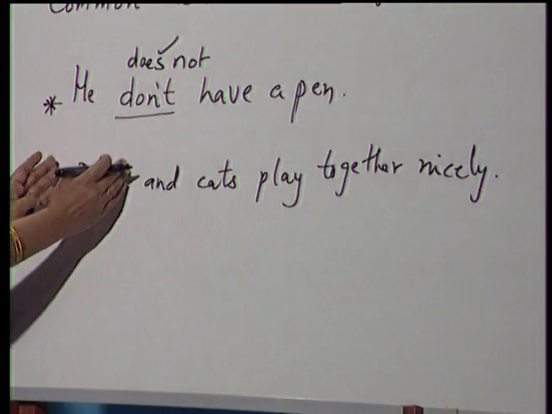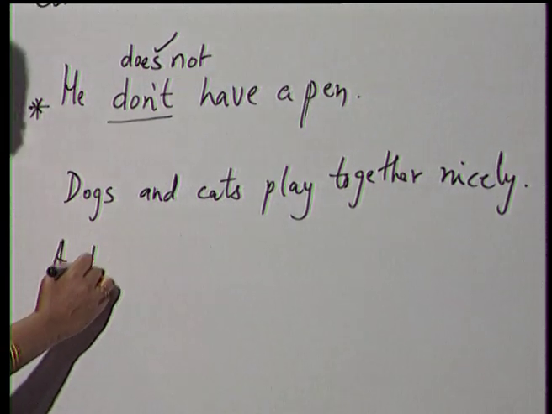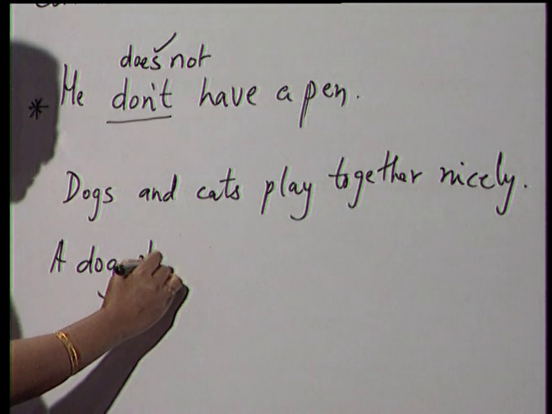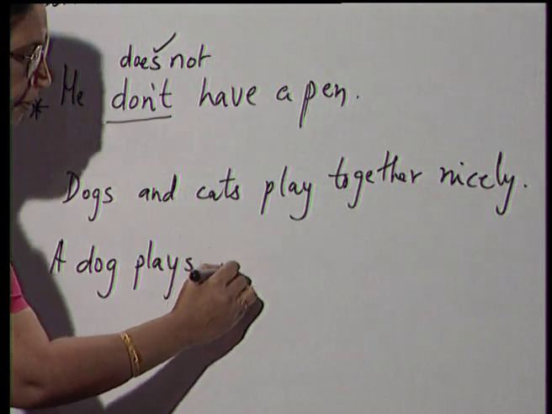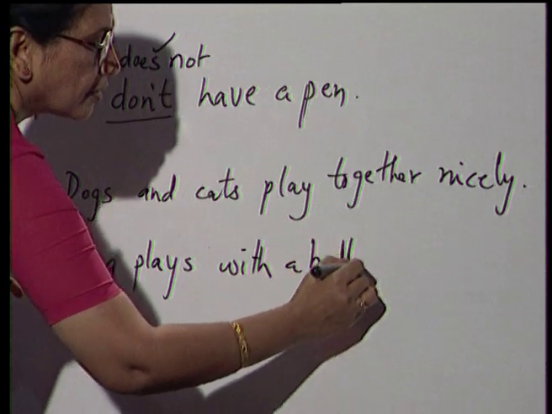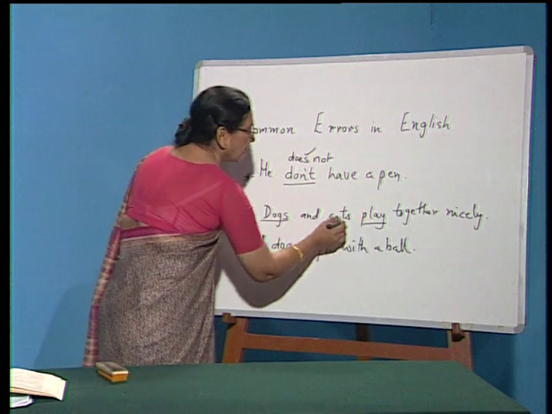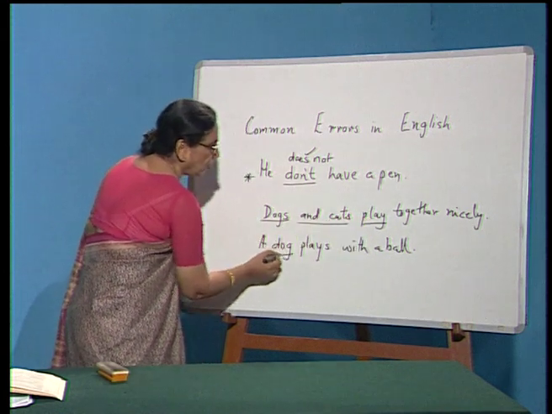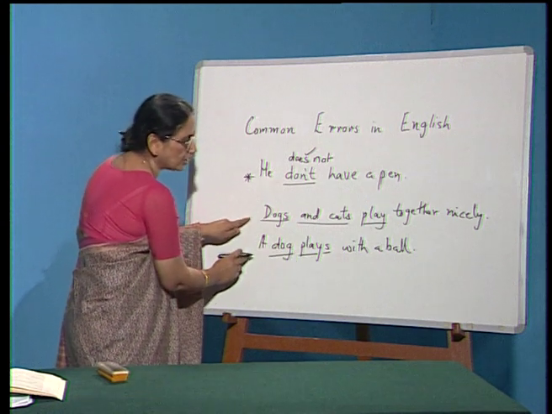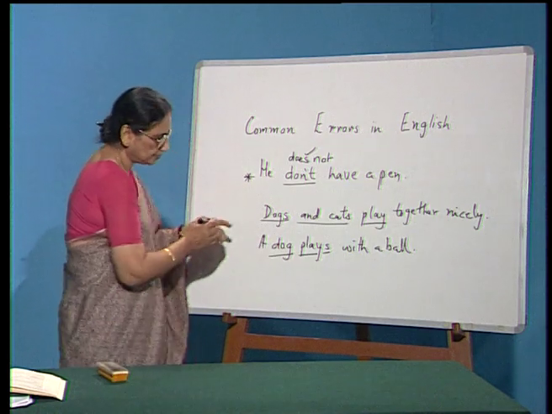But if we make it just a dog, if we say a dog, the verb would change to a dog plays with a ball. This is where most learners make mistakes. A dog plays. Notice how the form changes when the noun is in the singular and in the plural.